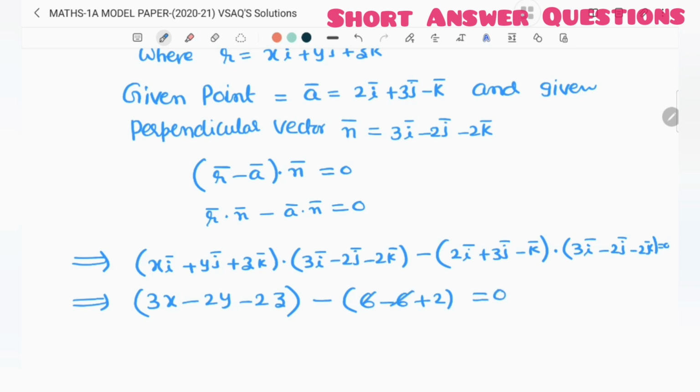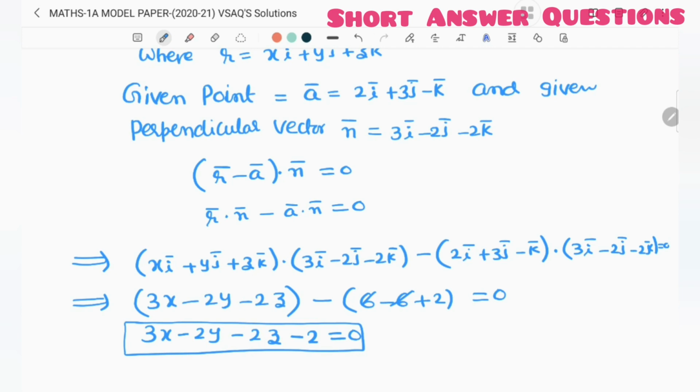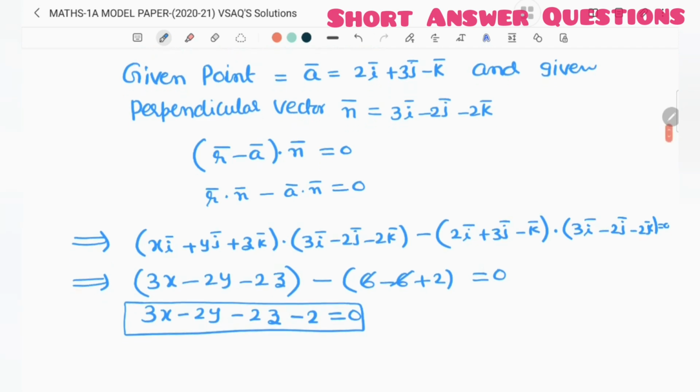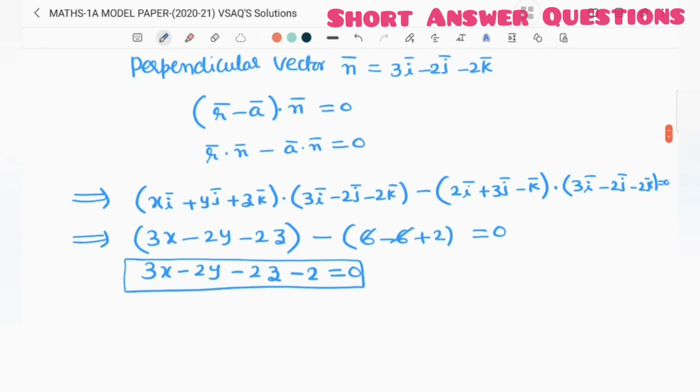So 3x minus 2y minus 2z minus 2 equal to 0. This is the equation of the plane passing through the given point and perpendicular to the vector 3i minus 2j minus 2k.